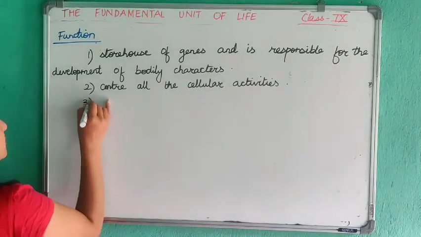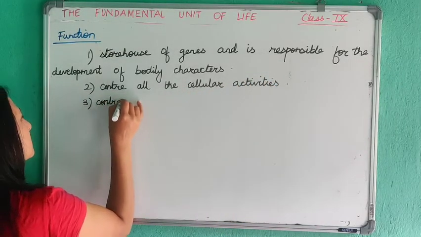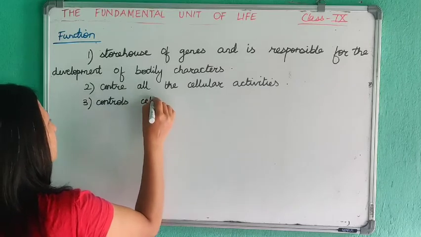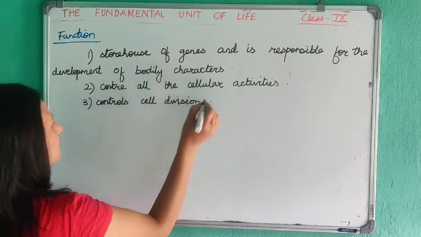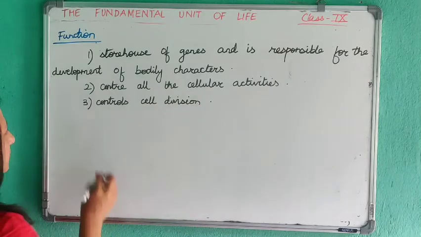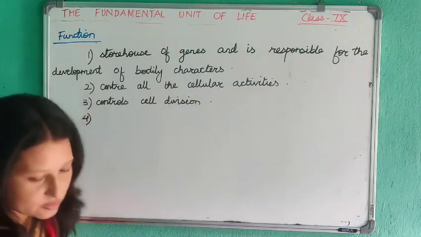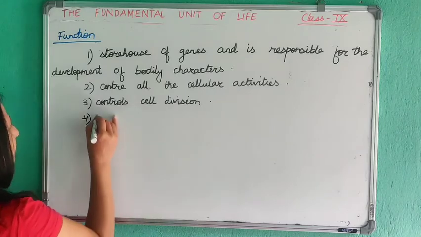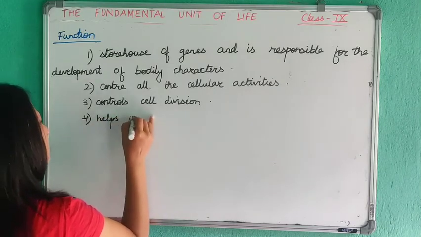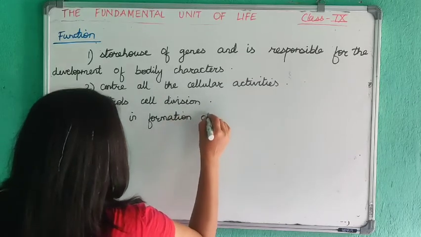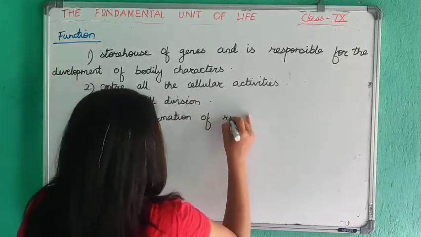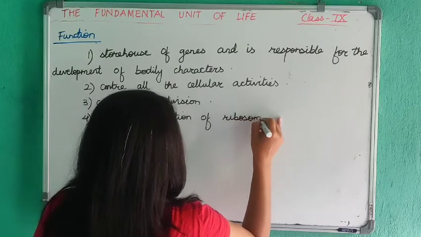Third is it controls cell division. Cell division कहिले हुनु पर्ने, कस्तो पाराले हुनु पर्ने, all these are controlled by the nucleus. Okay. Fourth मा चाहिँ it helps in the formation of ribosomes and RNA.